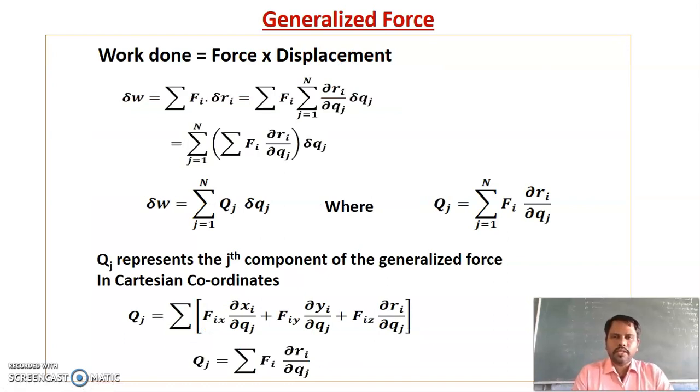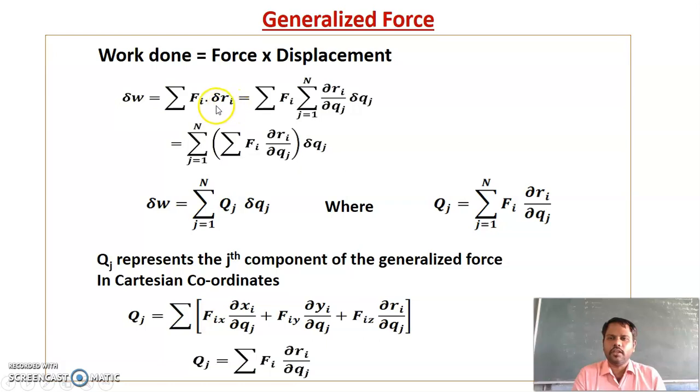To know about generalized force, we know that the work done is equal to force into virtual displacement. So delta W is equal to summation Fi dot delta Ri.